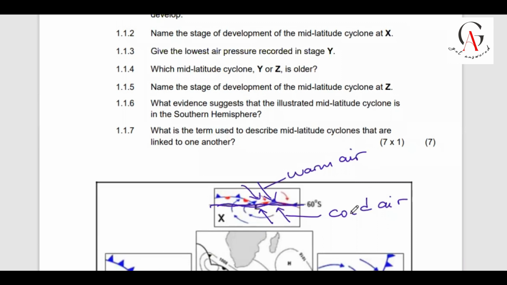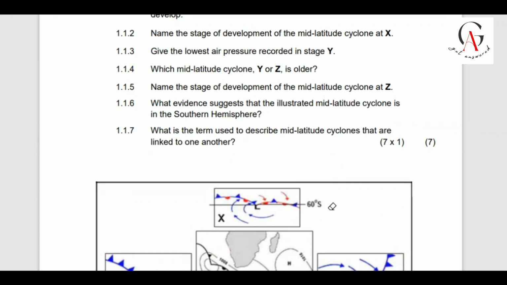All right. Number 2, name the stage of development of the mid-latitude cyclone at X. They're saying stage at X. So this is going to be a formative stage. If I remove these other drawings, that will be a formative stage. As you can see, the front is just starting to develop.